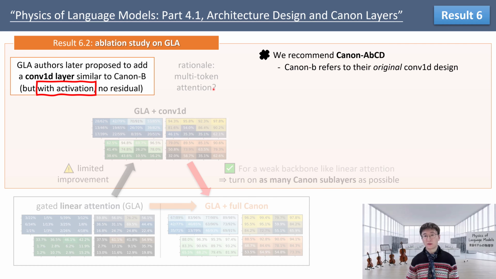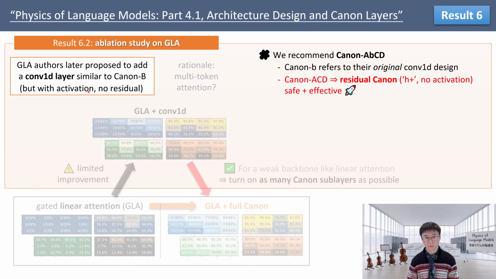Another reason we use their original Canon little b, the version with activation, is that we trust the original authors, who maybe already did some ablative studies about choosing the best parameters, and it also allows us to perform a much stronger comparison. For instance, on top of this Canon little b, we are not replacing anything.